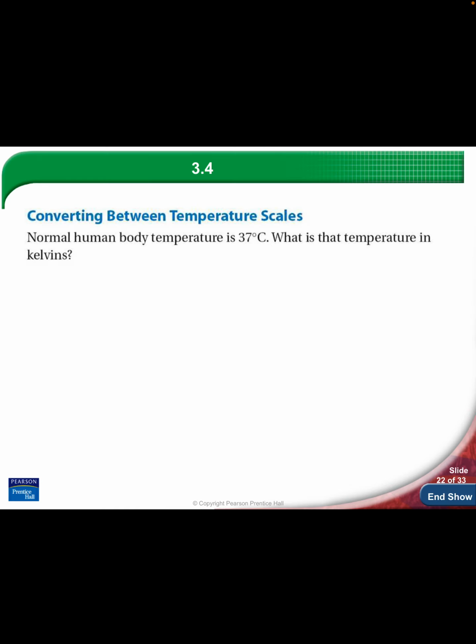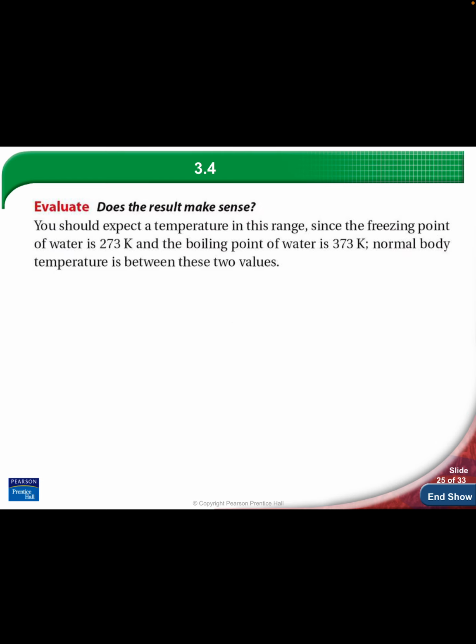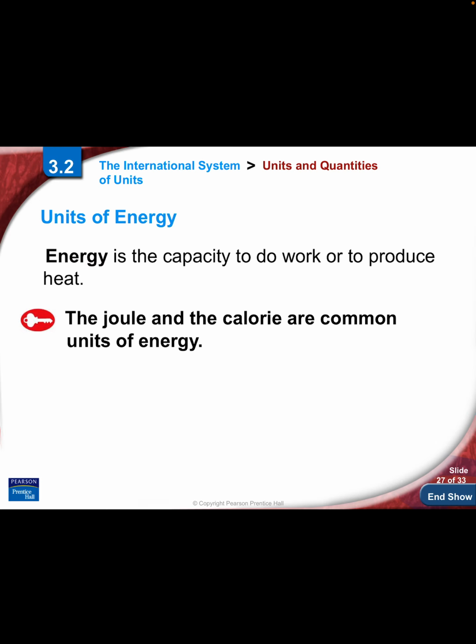So, as long as we're talking about temperature, let's talk about energy. Heat energy being one form. Energy is capacity to do work. Sometimes that work may be to produce heat. And we commonly use the joule, although we'll also be using the calorie.